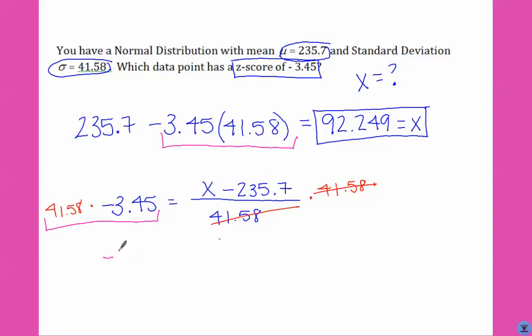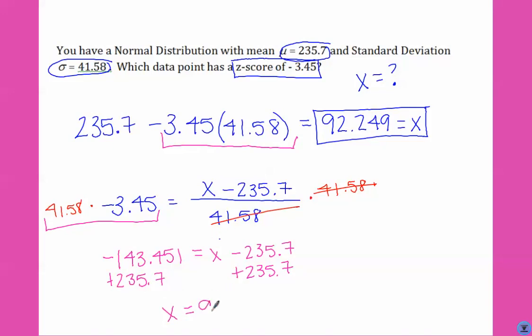So on this side, we get negative 143.451 equals x minus 235.7. And then to get x by itself, add 235.7. And we still get that x is 92.249.